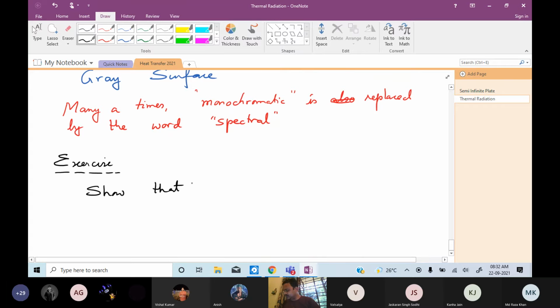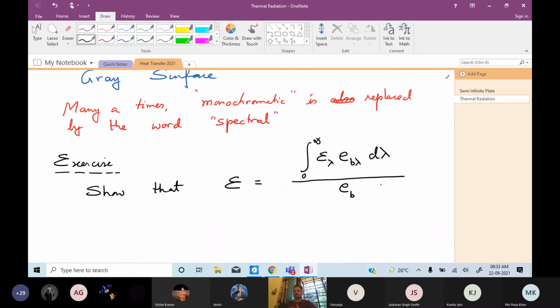Show that epsilon, which is emissivity, total hemispherical emissivity, is the integral from 0 to infinity of epsilon lambda EB lambda d lambda over EB. I think this is by definition, okay.